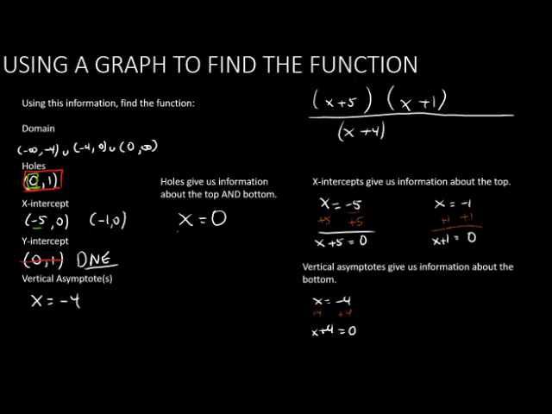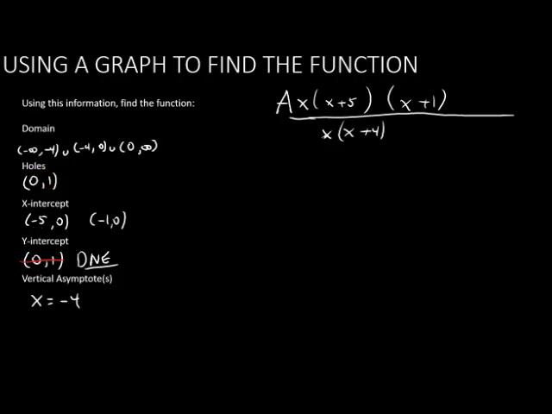The x, this lone monomial, will go on the top and bottom. Therefore, we already have most of our work done. The only thing we don't know is the leading coefficient. So I'll write the letter A in front of this to show that we don't know what the leading coefficient is, and then we'll find that leading coefficient on the next page.